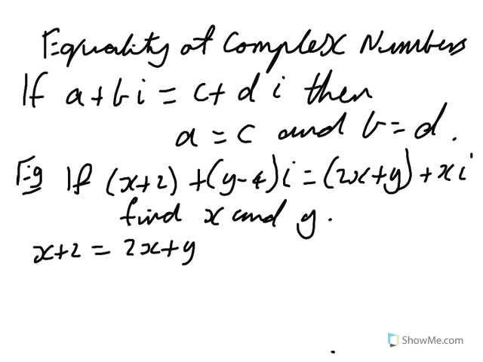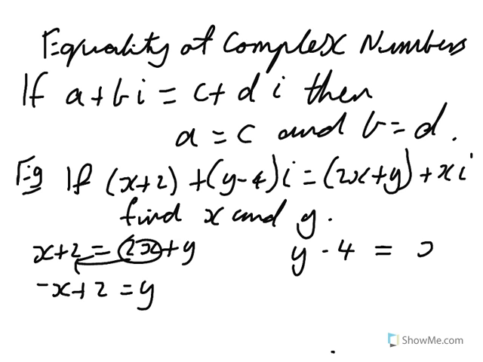If we rearrange that, moving the 2x across, we get minus x plus 2 equals y. The other thing we know is that the imaginary components, y minus 4 and x, must equal each other as well.